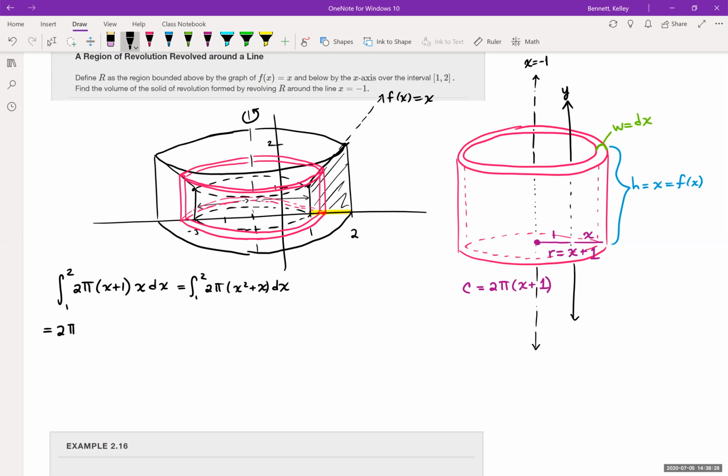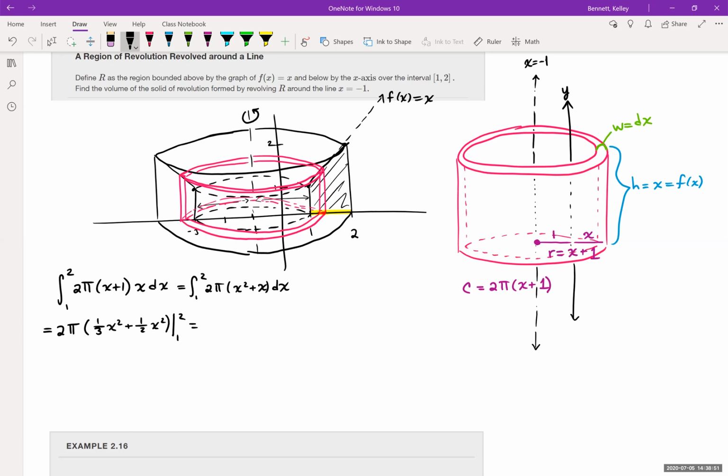So 2 pi times 1/3 x cubed plus 1/2 x squared, evaluated from 1 to 2. And let's see, this is why I do this on paper before I do lecture, to make sure that all my numbers are correct. Thank you, Fabian. Okay. So, perfect.